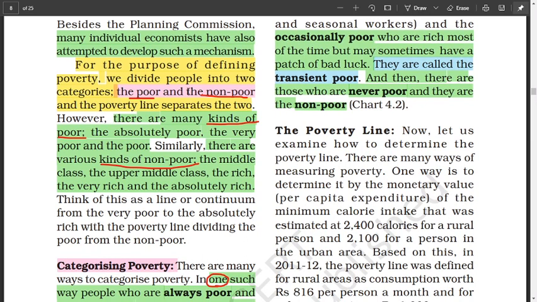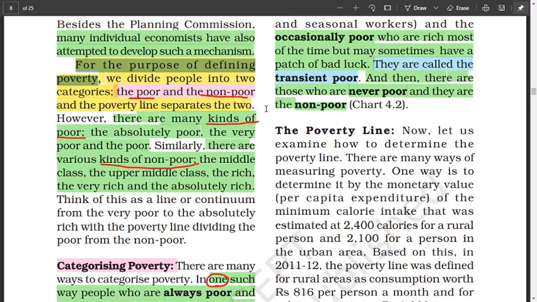For the purpose of defining poverty, we need to divide all people in the country into two categories: the poor and the non-poor. And the poverty line separates the two. The non-poor includes the rich.